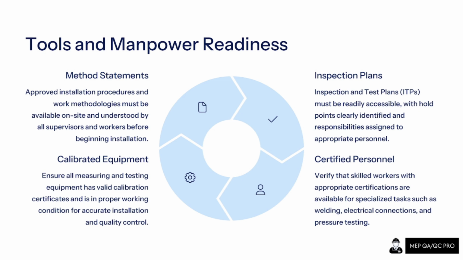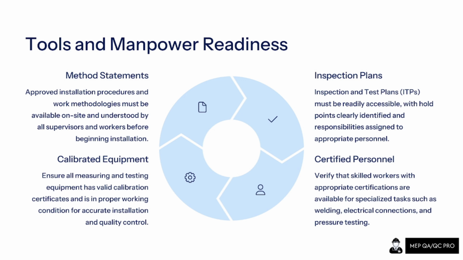For the method statement, there should be an ITP, which is an inspection test plan, which shows who the stakeholders are, who the responsible persons assigned to the works are, where the hold points are, and what the sequence of the activity is in order to start the works, from the initial stage to the final.